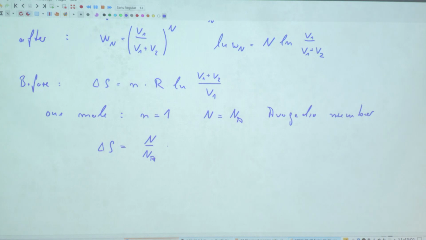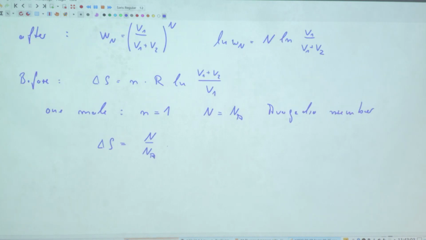Okay, I forgot. I need one further step. R is the Avogadro number times this constant I already mentioned. And then we can bring everything together.